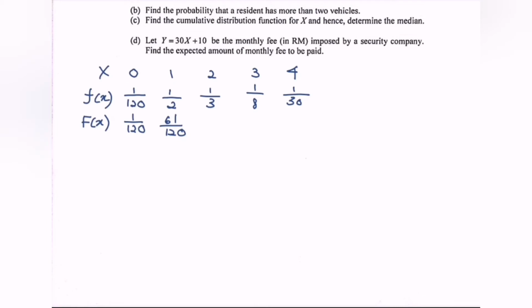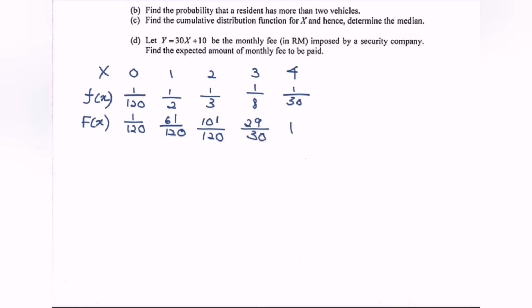We need to sum up the 0, 1 and 2, which is 1 over 120 plus 1 over 2 plus 1 over 3, and we will have the probability 101 over 120. Next, plus 1 over 8, so we will have F3, which is 29 over 30. And finally, F4, we have 1.